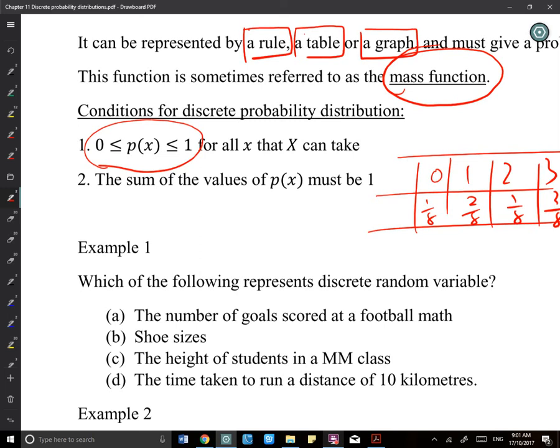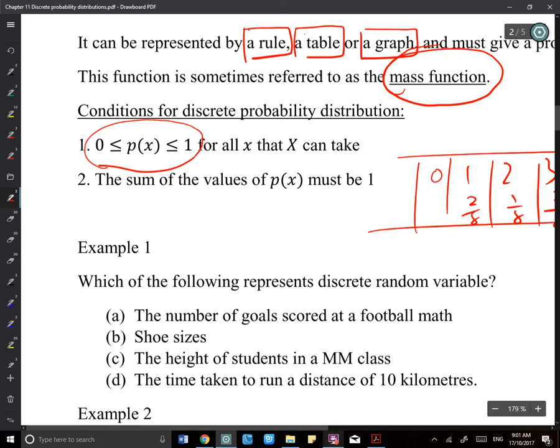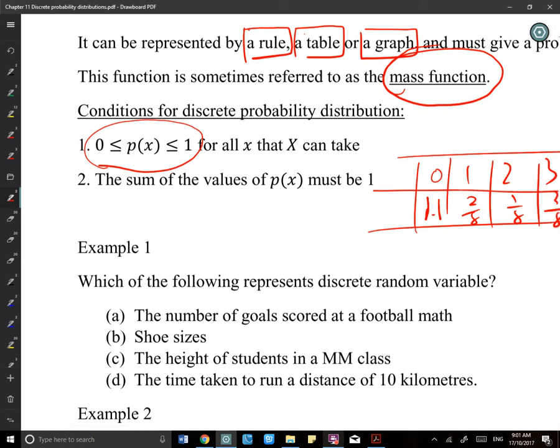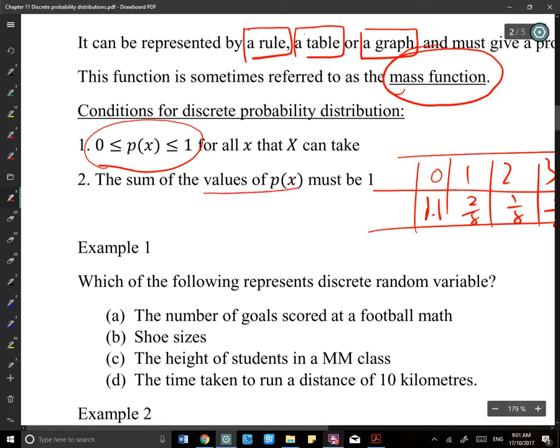It must be between 0 and 1. So if I have something like 1.1, that's definitely incorrect. That definitely does not represent a probability table. Second, the sum of all the probability values must give you 1.